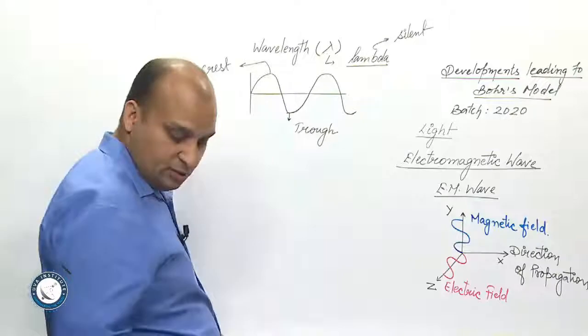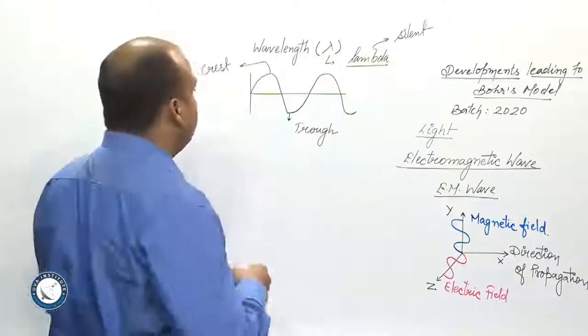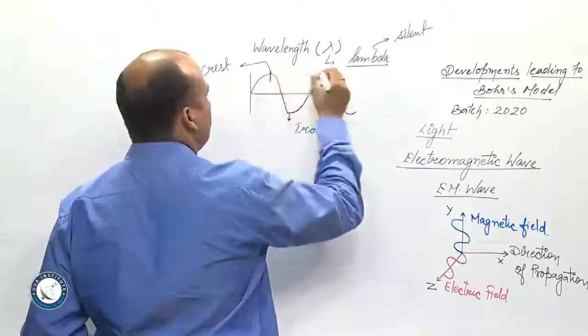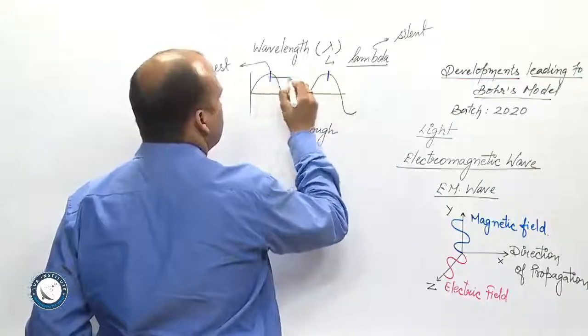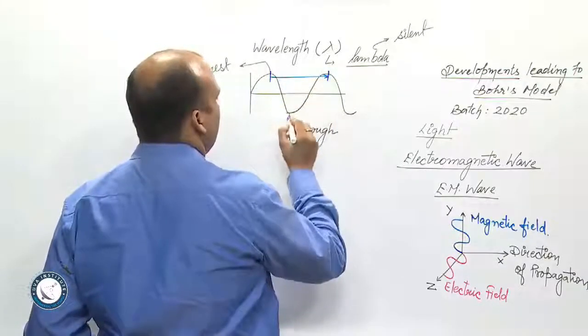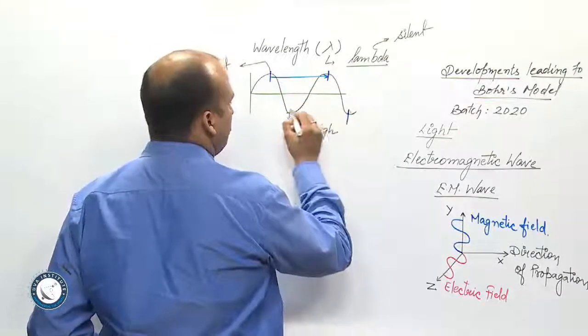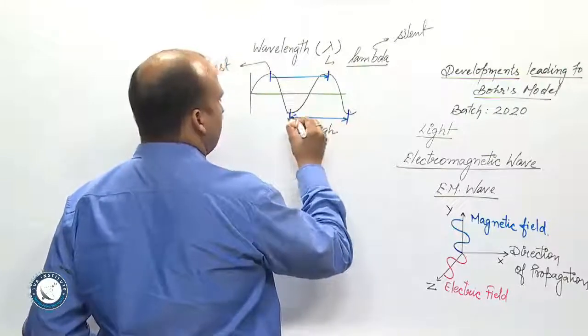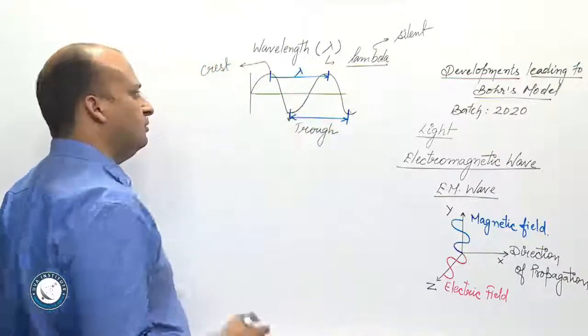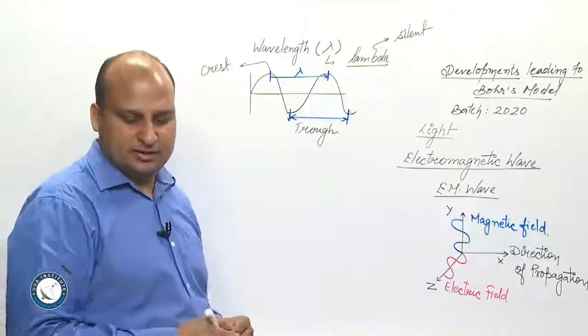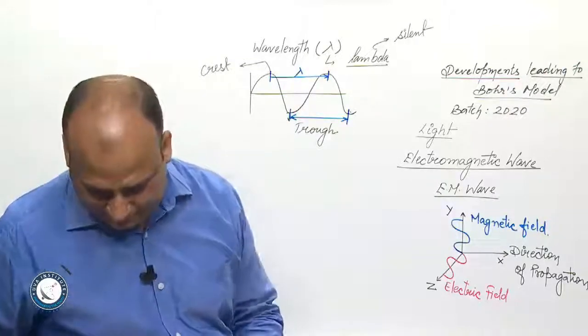So what do we say over here? The distance between two consecutive crests or the distance between two consecutive troughs is termed as lambda.